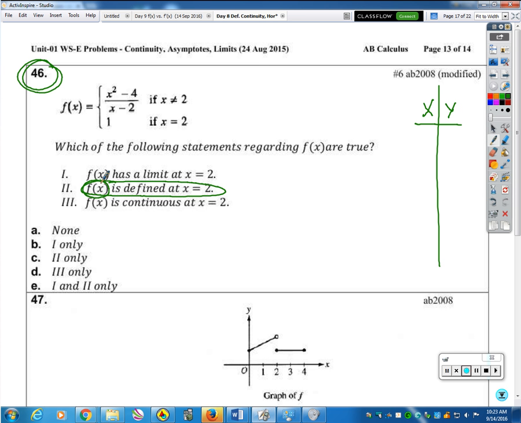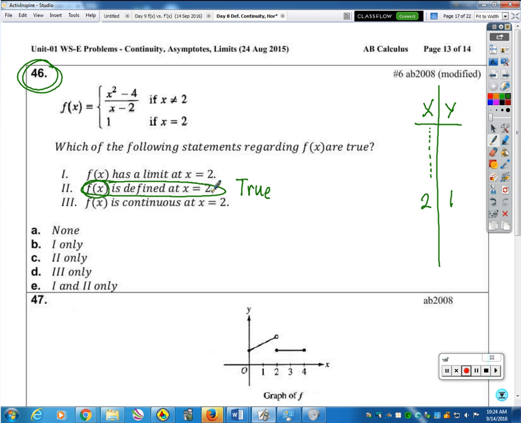The y coordinate. So when we get to x equal 2, as long as we find some y coordinate, which in this case will be 1, then we know that the function is defined at x equal 2. If this were unknown, Sarah, then we would say the function is not defined at x equals 2. Does that answer your question? Good. Anyone else? Okay. So we'll skip 46.